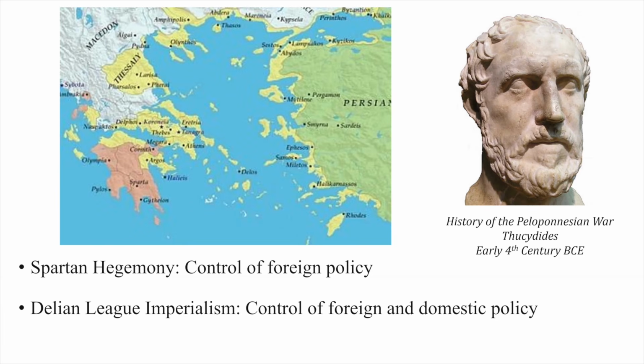With the formation of the Delian League, Athens was essentially exerting direct control over its peers, whereas the Spartan hegemony was mostly a military arrangement that came together in times of war and then relaxed.